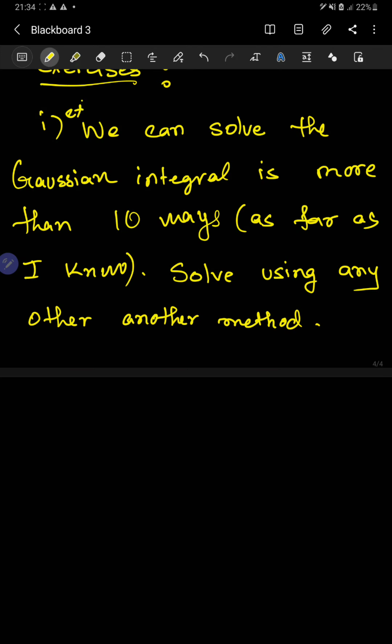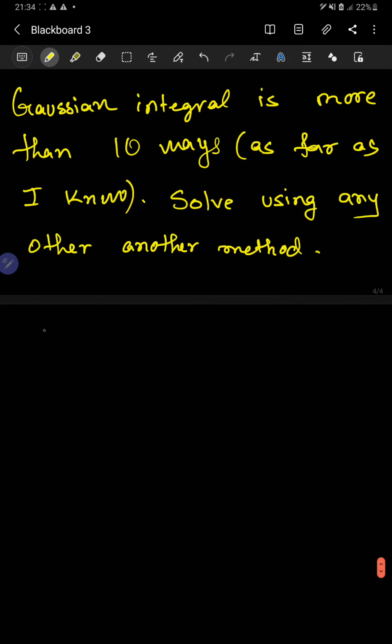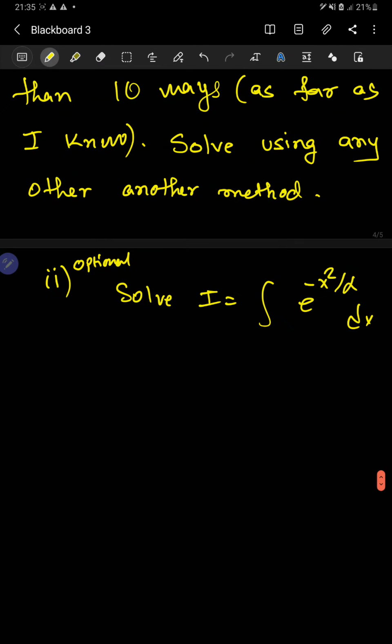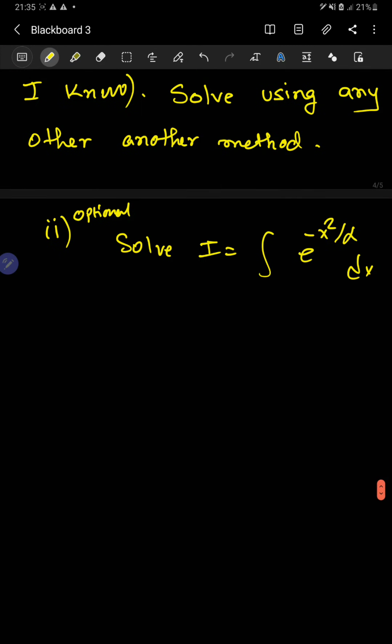Let's write here extra. The second would be, this is also optional, to solve I equals. This is very easy to do if you follow my steps. It's just for practicing. This is a required problem.